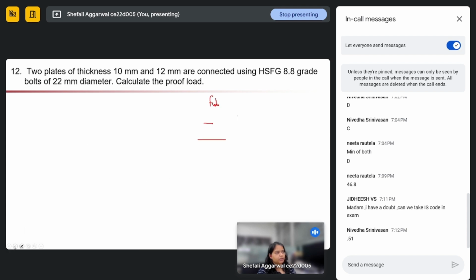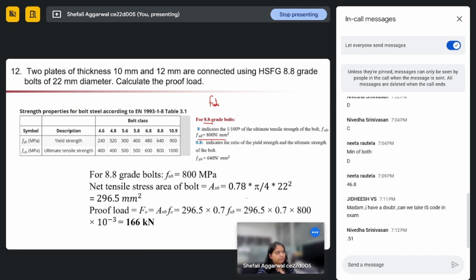Net area of bolt will be 0.7 into nominal area, asb, sorry, 0.78 into asb. Proof load will be given by anb into f naught. anb is 296.5 and f naught is 0.7 of fub. In this case, our fub is 800. Simple question. I hope it's clear with everyone.